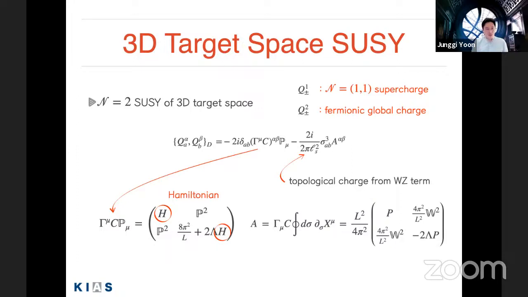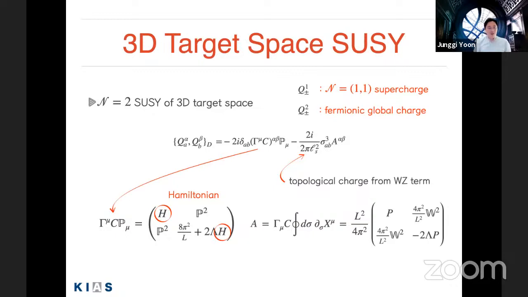Now, we can consider the N equals 2 supersymmetric algebra of 3D target space from the Green-Schwarz action. First of all, because of the Wess-Zumino term in the Green-Schwarz action, the supersymmetry algebra is extended by a topological charge. You can see that this A in the algebra is the topological extension.